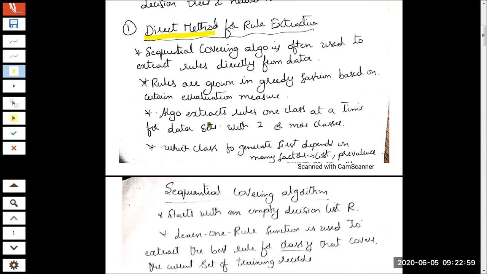It will try to learn the rules. And once the rules are ready, now the classifier is ready. Given a new record, given a new instance, the classifier can decide to which class it belongs. Okay. So this was a direct method. So your observation should be in direct method, the classifier is directly learning from the existing observations, okay, training records, to put it in other words.